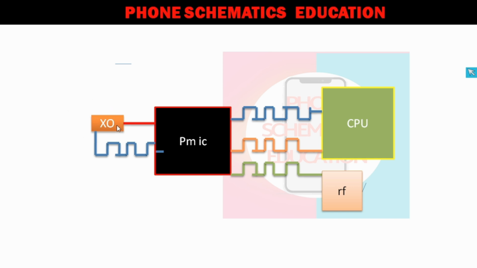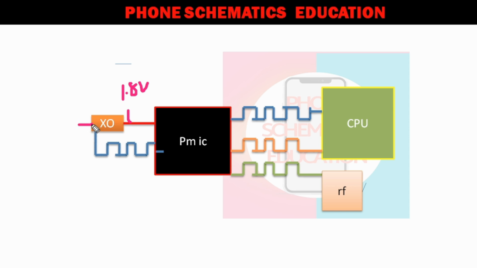Now, how does this crystal work? Let's discuss. A 1.8 volt supply from the power IC goes to the crystal. After this, the crystal forms an AC wave shape. It means DC is converted to AC in a wave shape.